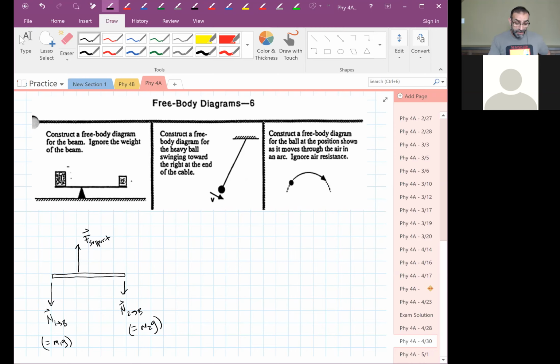All right, now we've got a heavy ball swinging at the end of a rope. Draw a free body diagram at this instant.